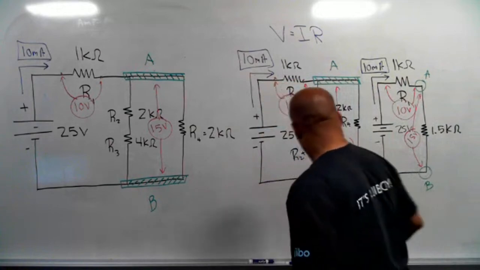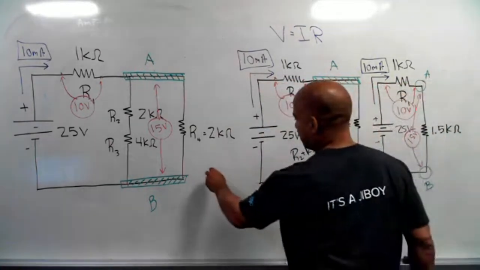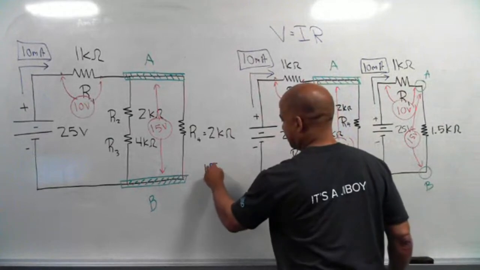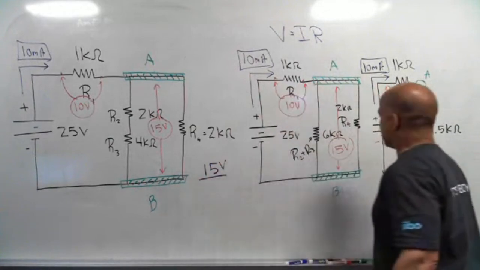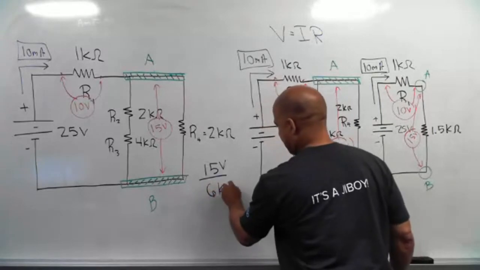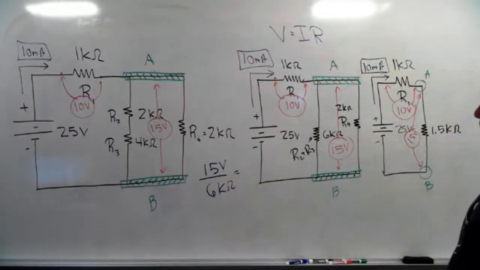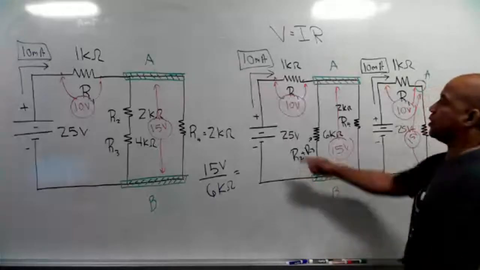So let's do it. Well, for this first branch, I've got 15 volts. My branch resistance is 6K. I've got 15 divided by 6, which is 2 point what? 2.5. So I'm using blue for current.